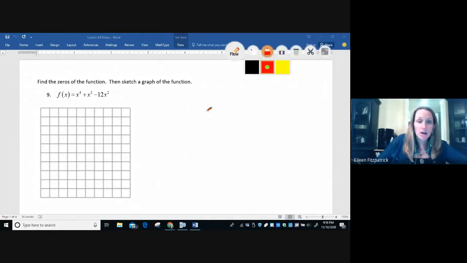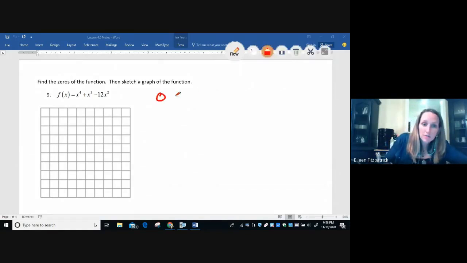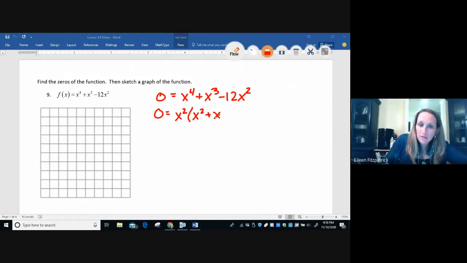All right, so finding the zeros of the function, I'm going to set it equal to 0: x to the 4th plus x to the 3rd minus 12x squared. Only 3 terms. Look for that GCF to start. x squared is the GCF, so I have x squared times (x squared plus x minus 12). Then I'm going to try to factor by hand, so hopefully I don't have to use the quadratic formula.